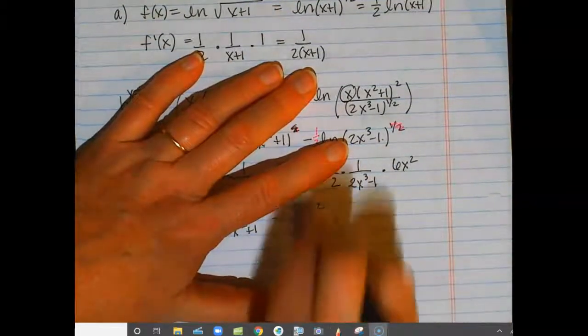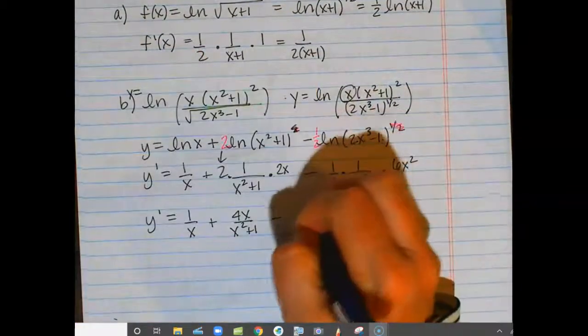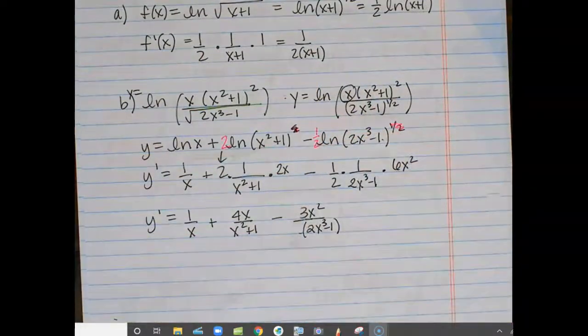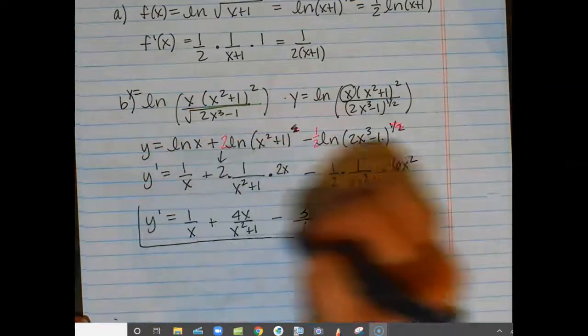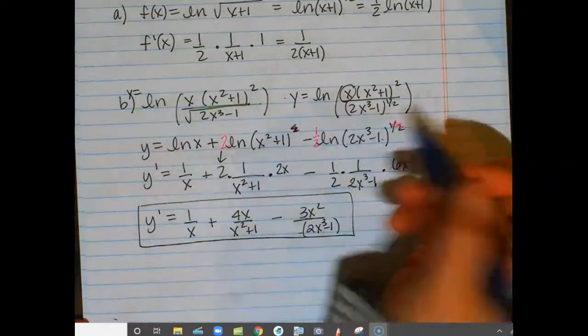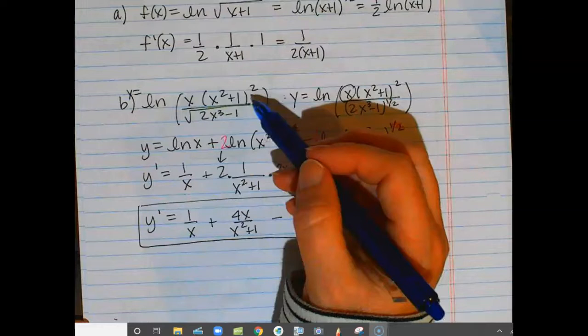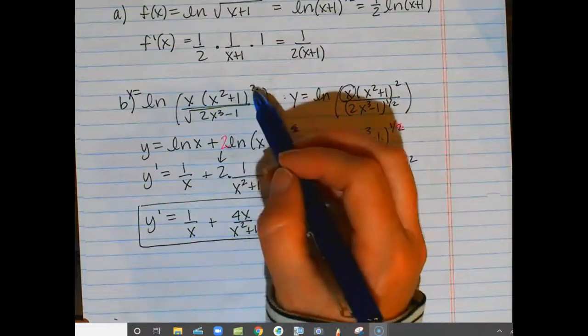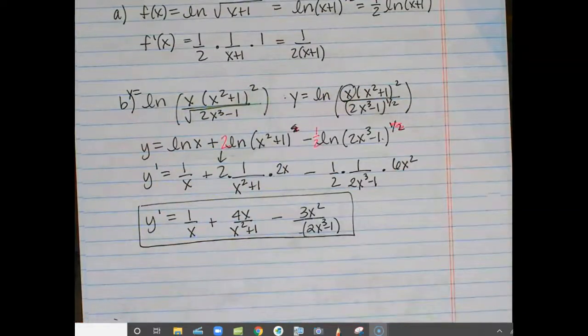So I had 6 divided by 2 is 3x squared. And this is the derivative without having to do bottom derivative of the top, which would have been product rule and chain rule. That would have been a disaster. So natural log properties, exponent rules, properties of logarithm rules, have to go back and remember those lovely rules.